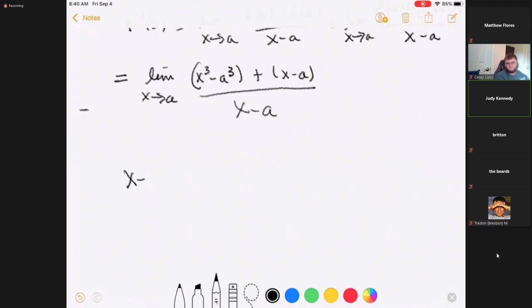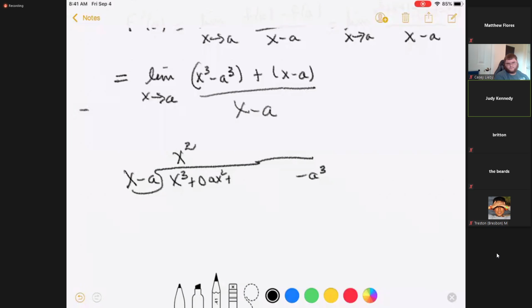I'm going to divide x minus a into x cubed, and then put minus a cubed out there because I'm going to get some things. 0 ax squared plus... I don't know if I'll need all these, but I'll put them in. How many times does x go into x cubed? Well, it goes in there x squared times.